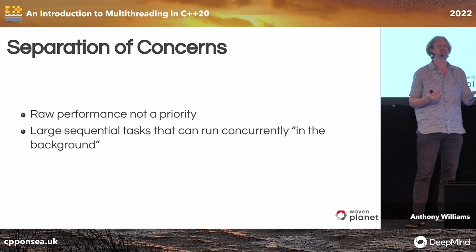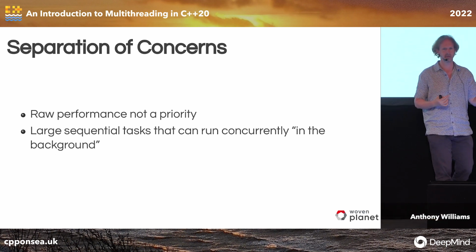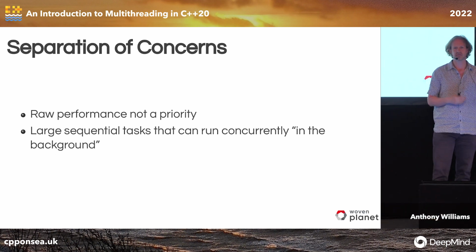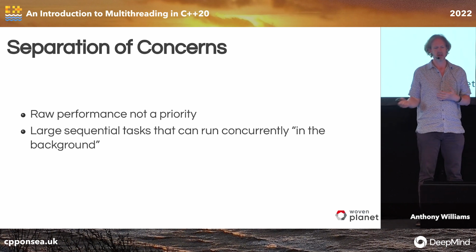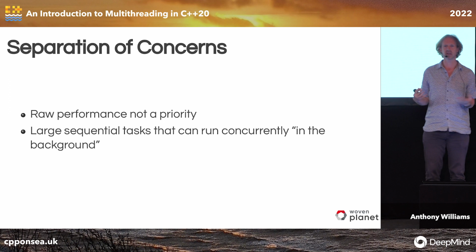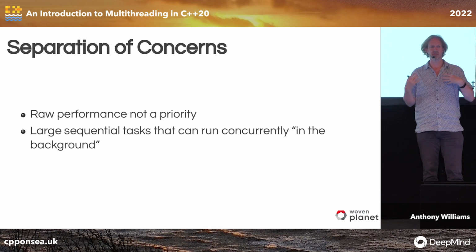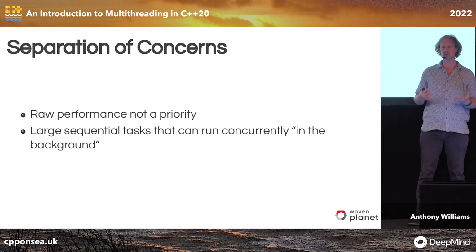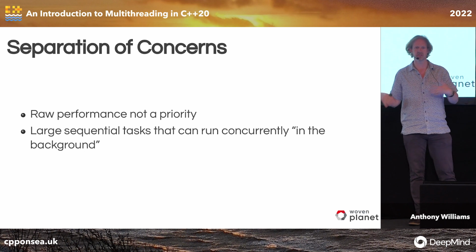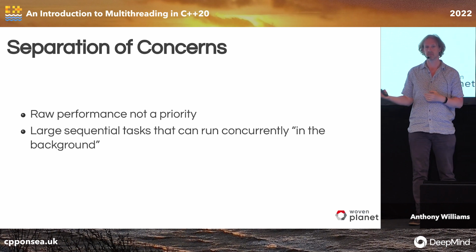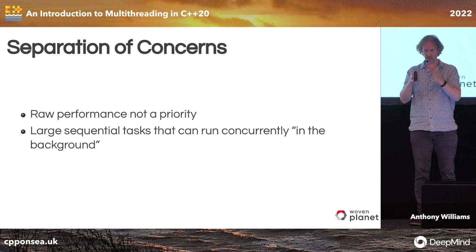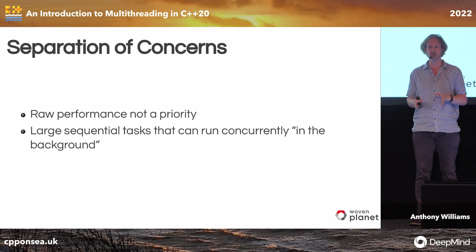Or in a word processor, you might have a spell check running as a background thread. Various things. Now, you might be downloading from the internet in the background thread. So these are tasks that can run concurrently. And by separating the concerns and moving them out to background threads, you are making the implementation of each of these tasks simpler, because each task is focused on exactly what it needs to do.